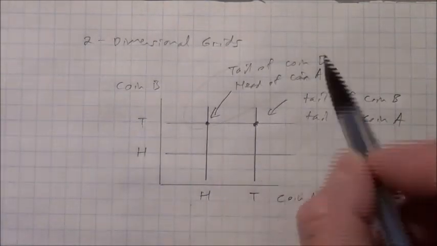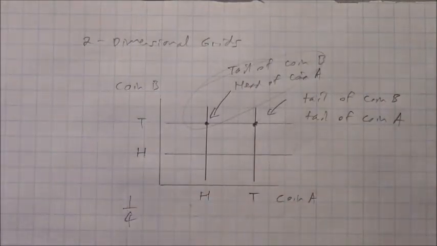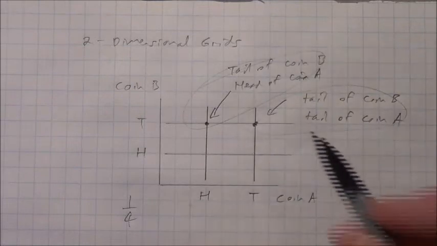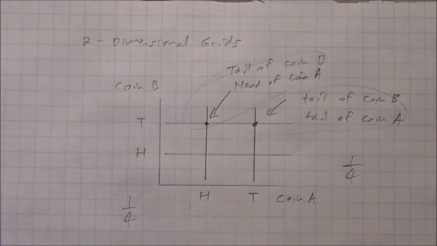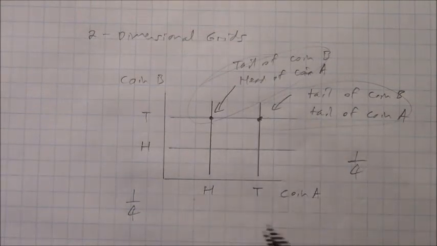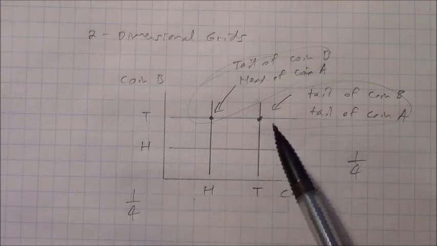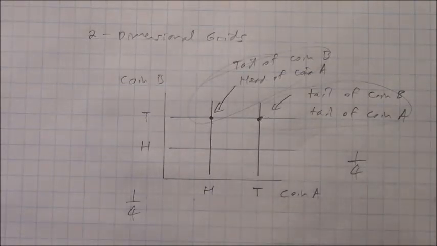So the probability of this occurring is of course going to be 1/4, and the probability of this occurring again will be 1/4. Being that this is a visual representation, it's a very quick way of being able to determine probabilities just by looking at the grid. Okay, so that is the extent of theoretical probability.